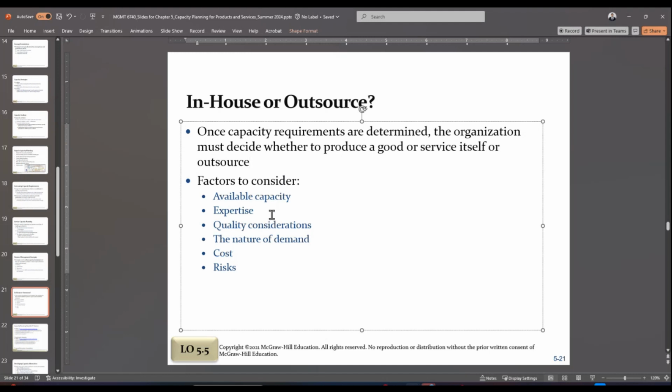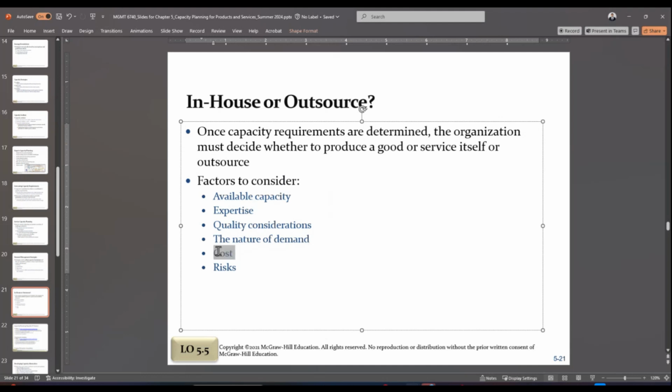Look for the expertise. Maybe there are specialized processes which your facility is either not authorized for or you don't have the expertise. In that case, part of the process can be outsourced. Look at the quality considerations as well as the nature of the demand, whether it's a permanent increase, a cyclical thing, or a short-time increase after which demand goes back to normal.